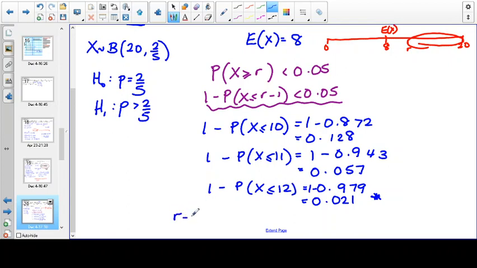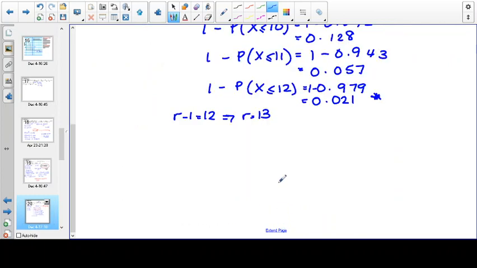So if r minus 1 equals 12, then r equals 13. So the probability that x is greater than or equal to 13 is 0.021. So therefore, the critical region has got to be x is greater than or equal to 13.